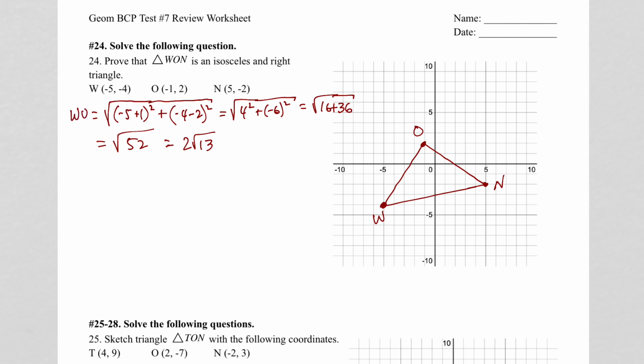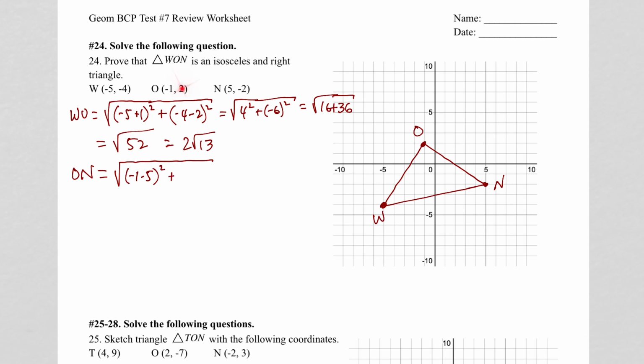Okay. Now let's figure out the length of ON. The length of ON is the square root, the difference of the x's squared, -1 minus 5 squared. It doesn't matter which way you subtract, because after you square it, you'll get the same answer.